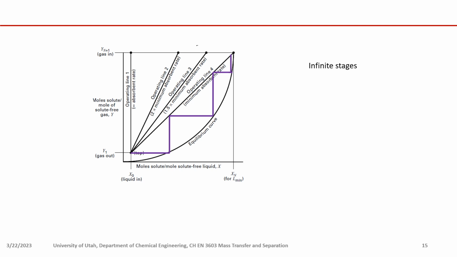that means because you are operating at a minimum absorption flow rate, right? And we know minimum absorption flow rate means that when the liquid absorbent comes out from the absorption tower, it's saturated with the solute, right?